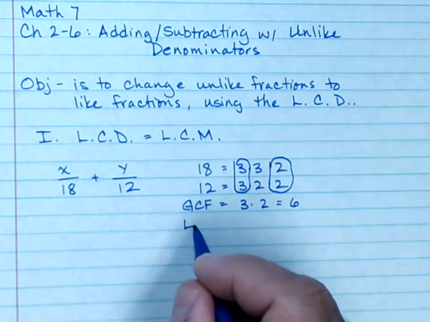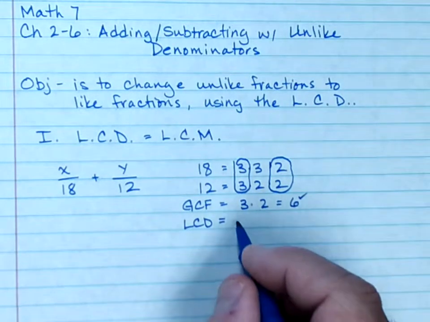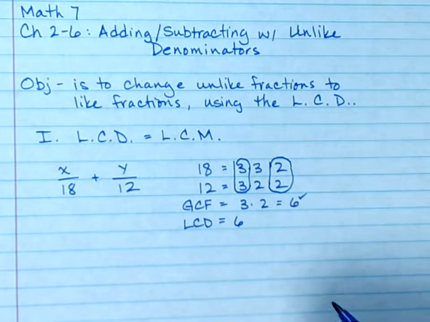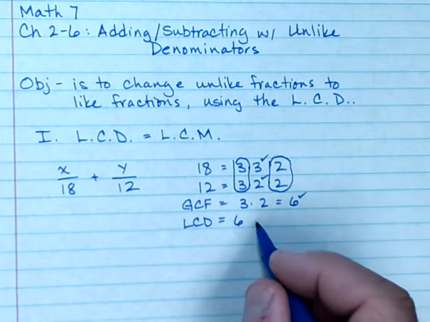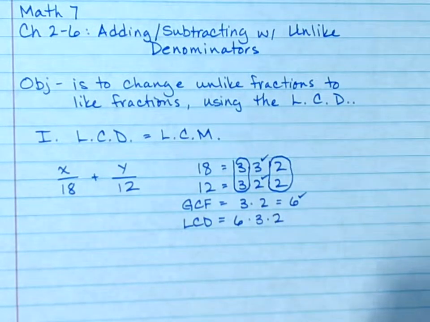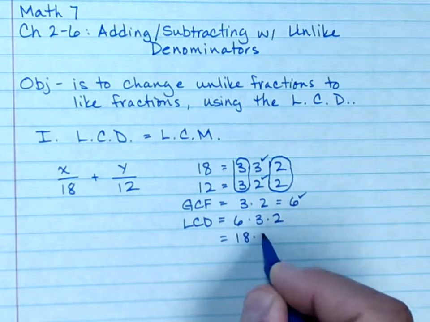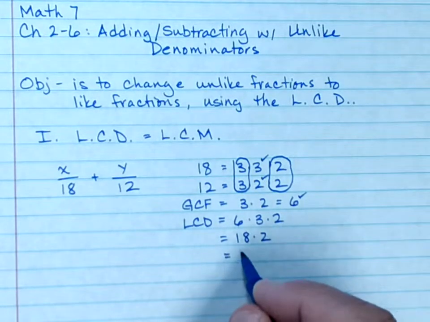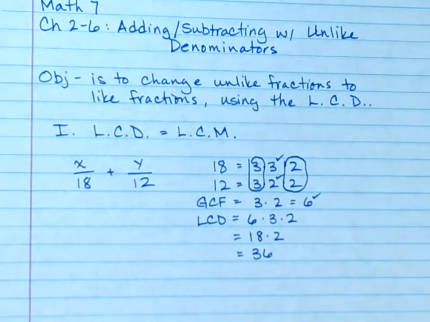Now, the least common denominator part involves using the GCF, 6, and the other two prime factors which we did not use, 3 and 2. So 6 times 3 is 18, and 18 times 2 is 36. So the least common denominator is 36.